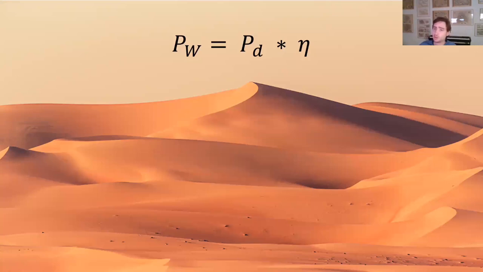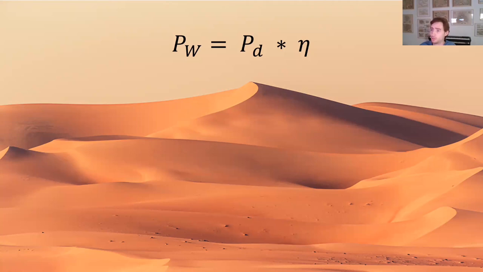Now, to start with this equation, we need to develop a power balance. We know that every dune is powered by the wind, obviously. So all of the mechanical power of the dune comes from the wind power. By equating those two, we can get a lot more insight into what drives the dynamic.